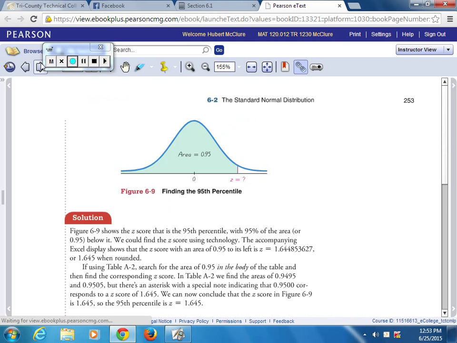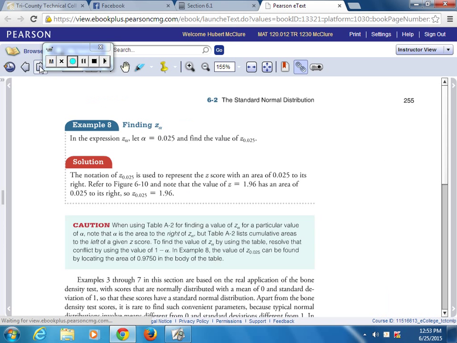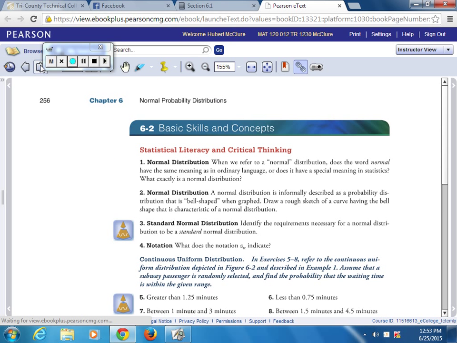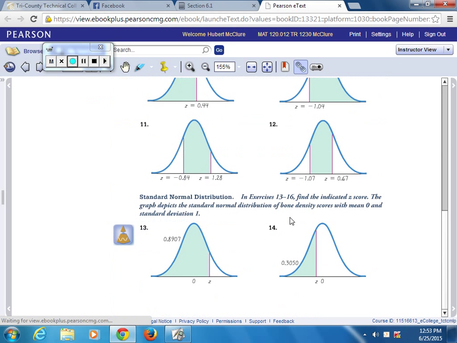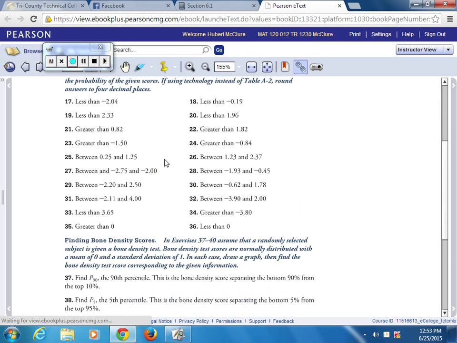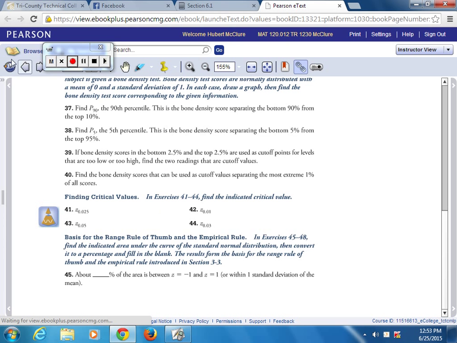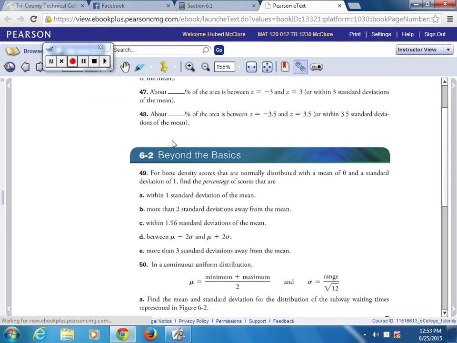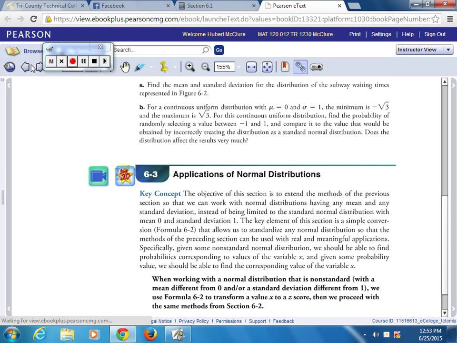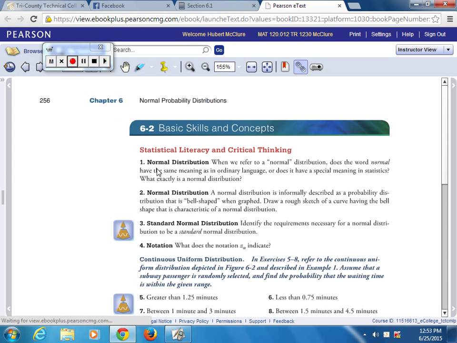No coughing in class. I have to keep telling y'all that. All right, where's my uniform distribution? Okay, so they didn't give us any uniform distributions in the homework. Let's see.